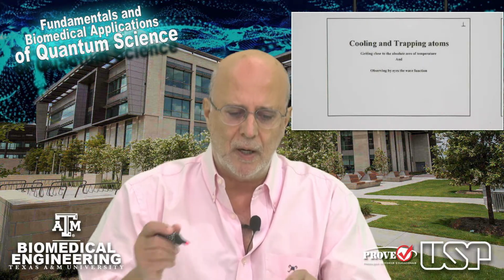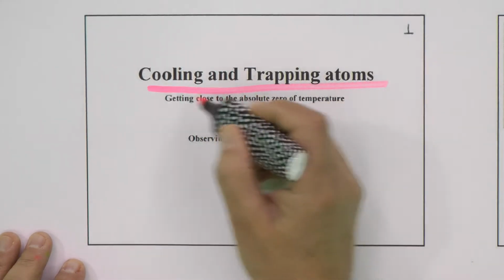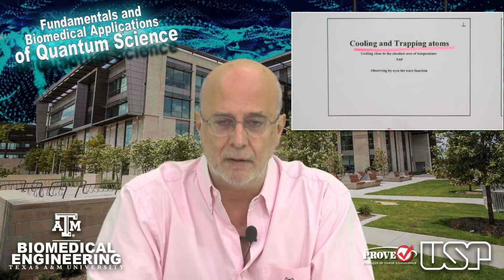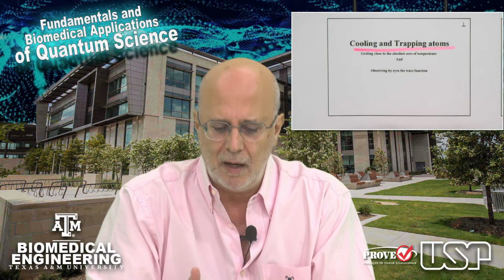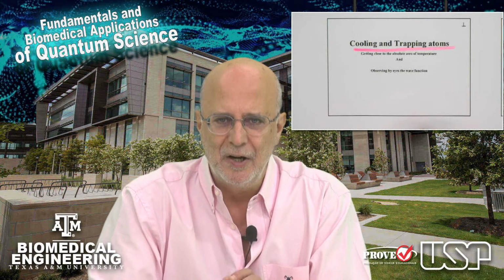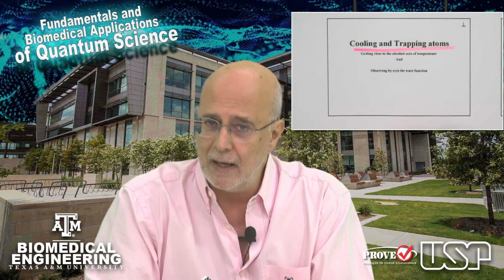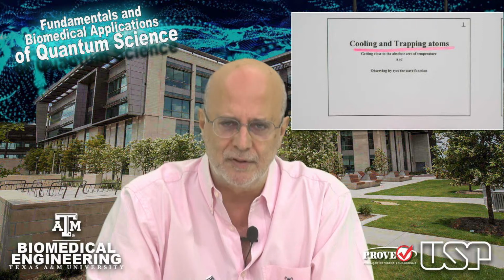Okay, so I'm going to speak about cooling and trapping atoms, and the production of what we call Bose-Einstein condensation, which is actually a way to look at the quantum system by naked eye. But to do that, we have to get closer to the absolute zero of temperature.